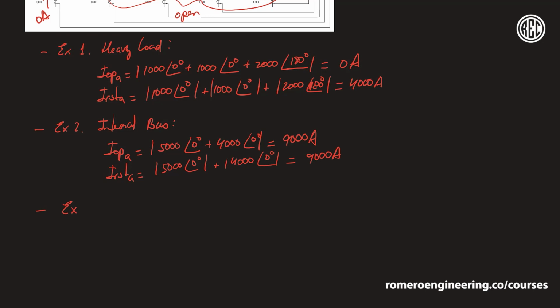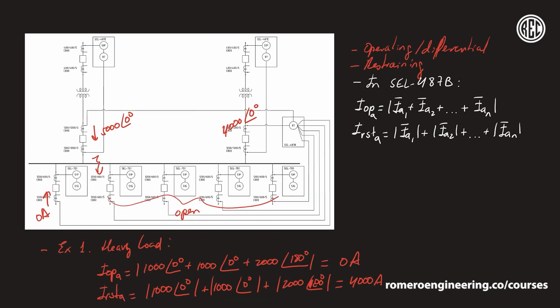So lastly, let's do the same fault, but instead of being on the bus, it's going to be just outside of feeder 1. So I want to say example 3, which is going to be an external fault. So in this case, going back to the one line over here, instead of having the fault at the bus, we're going to have it at this location, just outside this CT, which is part of the differential scheme.